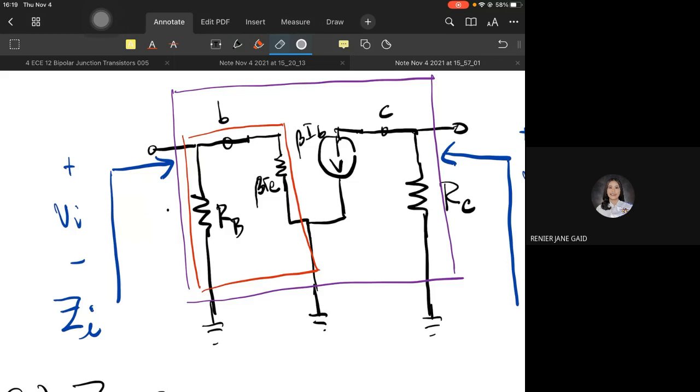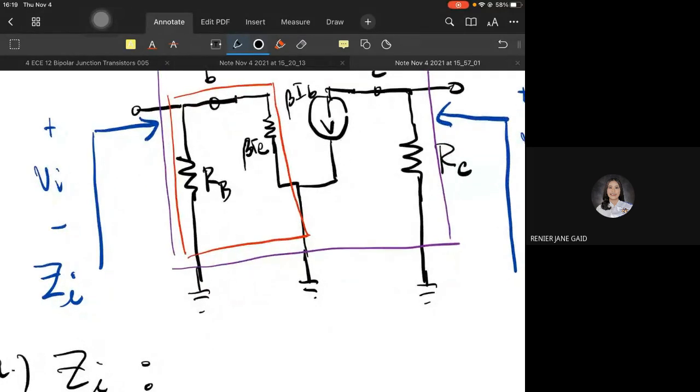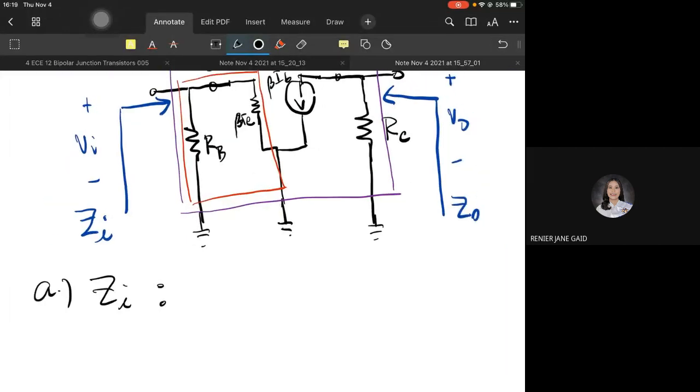So technically, we could compute the input impedance as seen at the input side. Meaning ZI is just equal to RB parallel with beta RE.